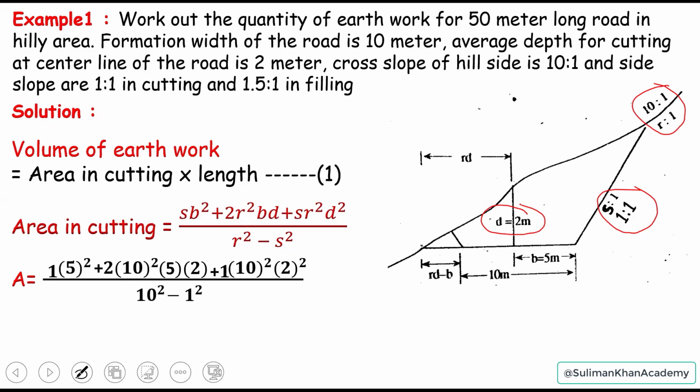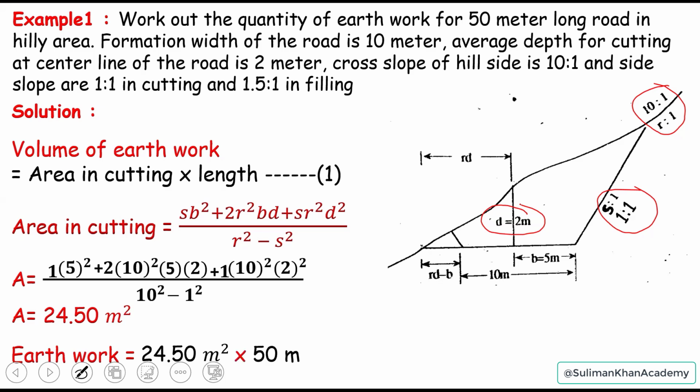Do some maths using your calculator, and you must have the area, which is 24.50 square meters. Now we will multiply this area with the length to have the earthwork. So area 24.5 times the length, which is 50, just as given in the example.